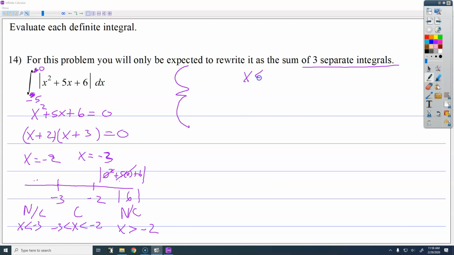We have all things that are less than -3, all things that are in between -3 and -2, and everything that is greater than -2. And we decided only the middle one is going to end up changing, and so this expression here is going to all be opposite signs. And then the other two will just be normal.